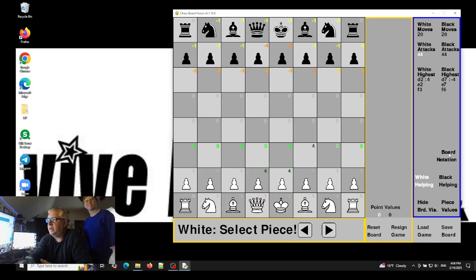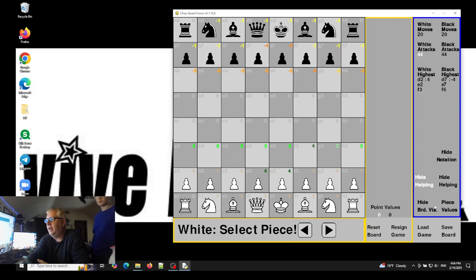I also have this button called board notation, so you can turn on board notation, which is helpful. Then there's helping, which shows you if you hung a piece or something. Hide board viz hides the numbers once in a while.